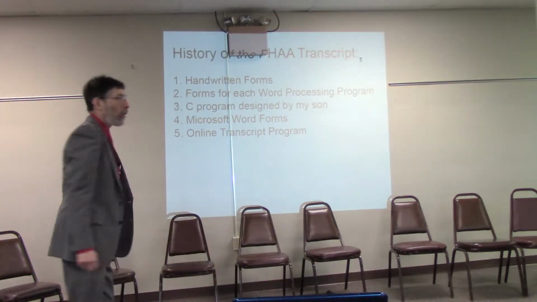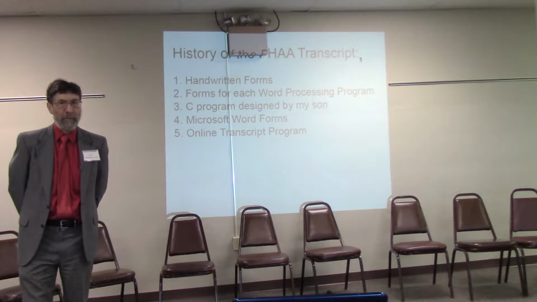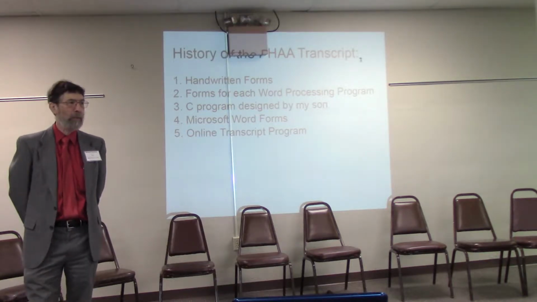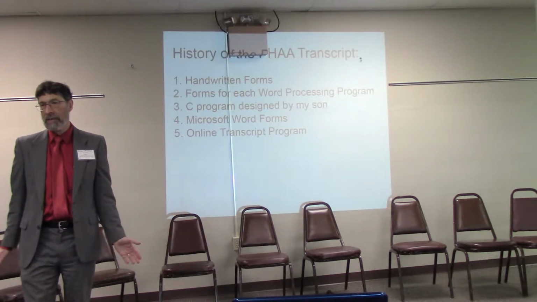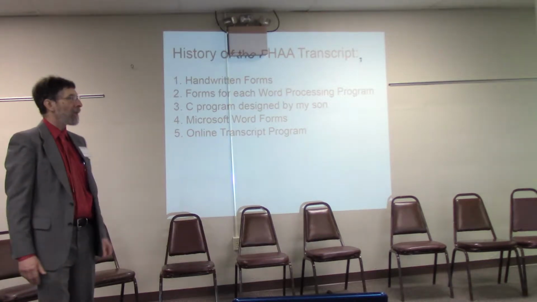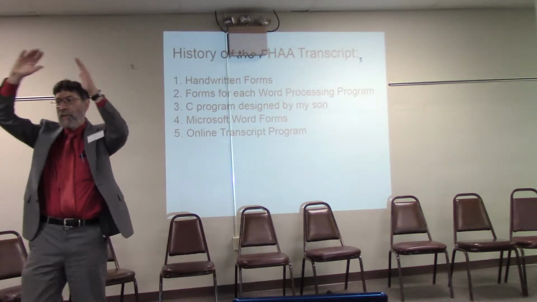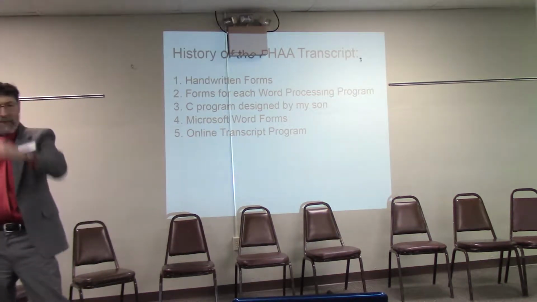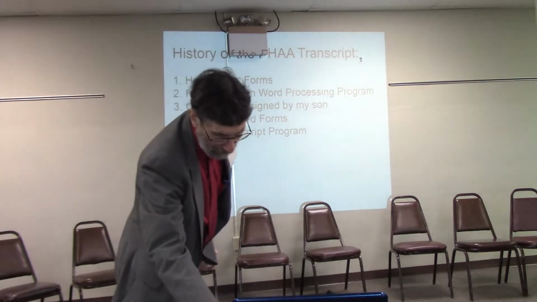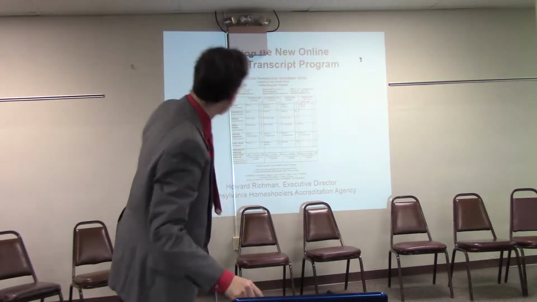We started out with handwritten forms. If you're familiar with the PHAA form, it was the current basic form. You had the freshman, sophomore, junior, and senior year. Here, let me go back one to show you.